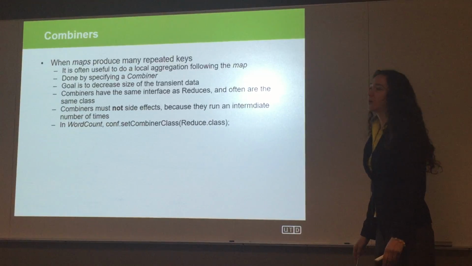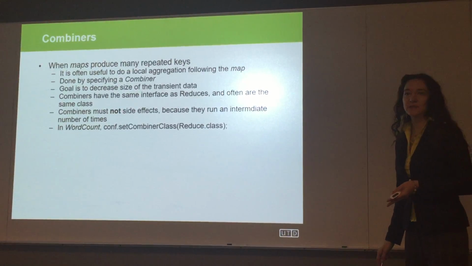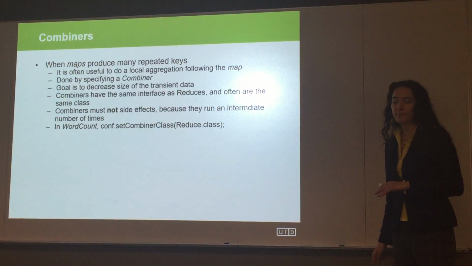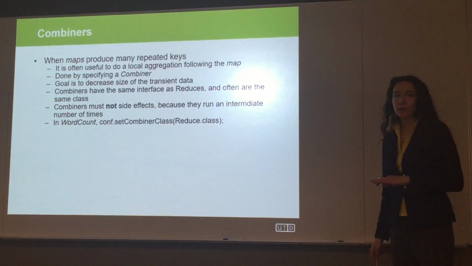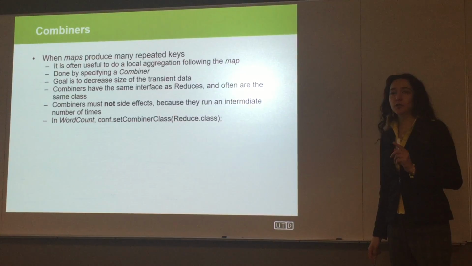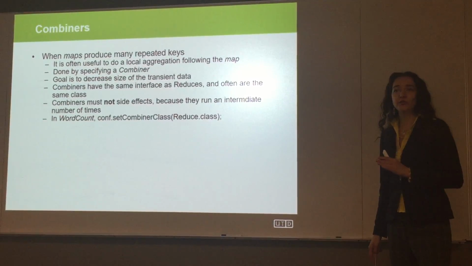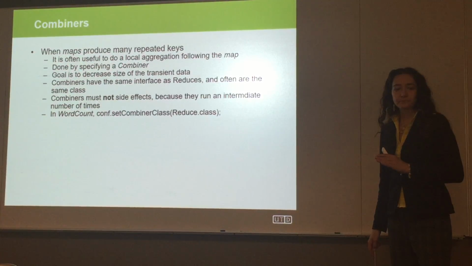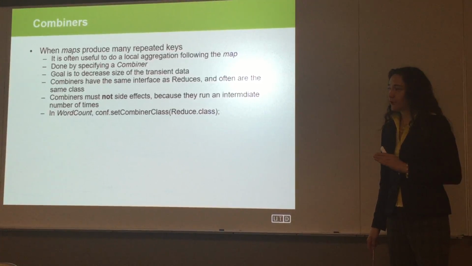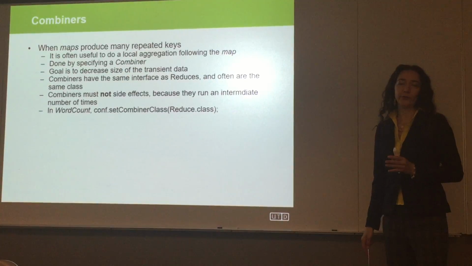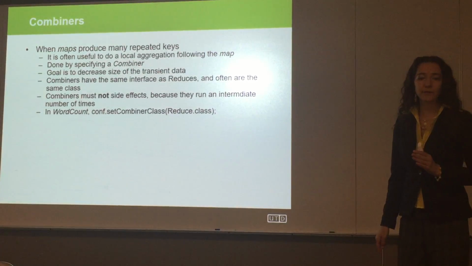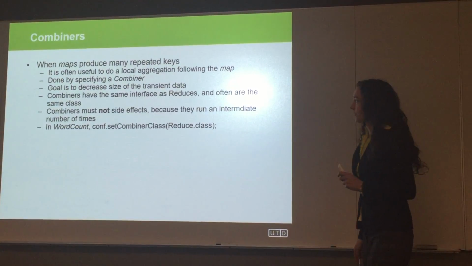The goal is that if we combine them, we will be sending less network traffic. If we didn't combine them, each one of those will go on the network separately to the reducer. If we combine them, a lot fewer messages will go on the network to the reducer. So the processing will be faster altogether.